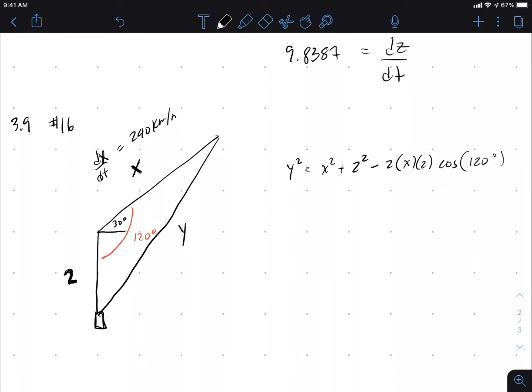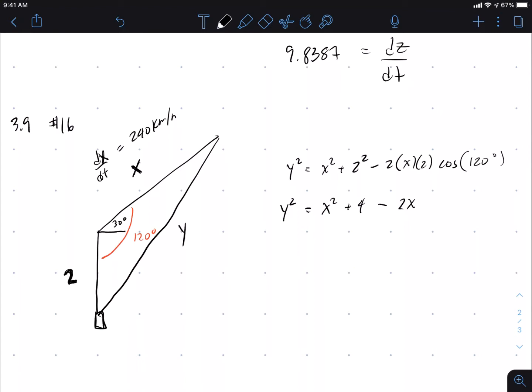Okay. So then from here, I'm going to clean up the math real quick before I go into the derivatives. I'm going to get x squared plus 4 minus cosine of 120 is a negative 1/2, correct? So I'm going to get 2x. Agreed? Yes.